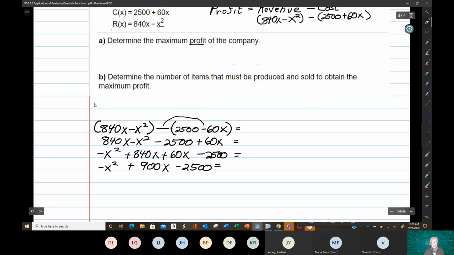Well, the thing is that B is determine the number of items that must be produced and sold to obtain the maximum profit. And you have to know that answer first. That's what your H is. This is K.